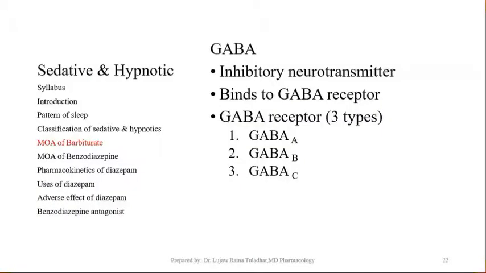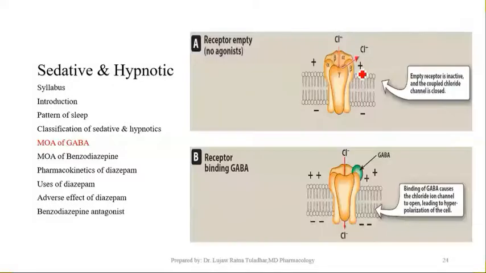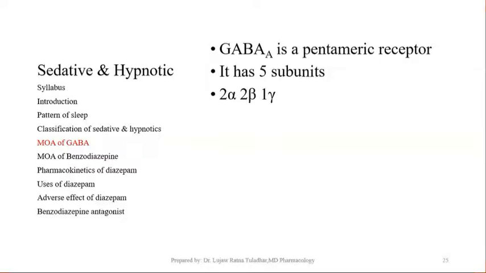Now, GABA receptors are of 3 types, GABA A, B and C. But from the sedative and hypnotic aspect, the GABA A receptor is important for us and not GABA B and C. If you see this picture, here the chloride ion is not able to enter the cell because there is no binding of GABA. But as soon as GABA binds to the GABA receptor, the receptor opens and there is influx of chloride.